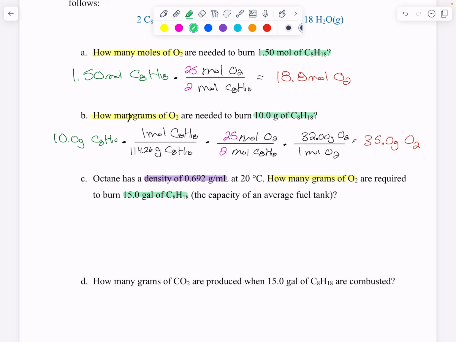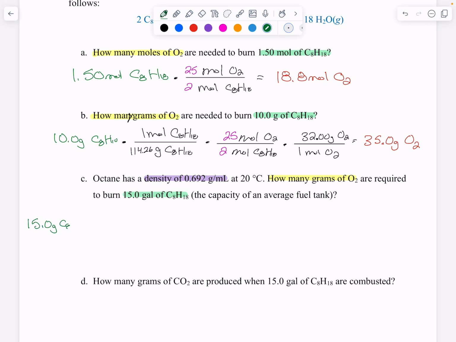Woo! All right, this is going to be a little bit longer. Now, hopefully you realize the ending, once I get grams of octane, is going to look exactly like this. Those are going to be the last 3 terms. But we've got to go from our 15 gallons all the way down to grams. Can it be done? Of course it can be done, because I give you everything that can be done.